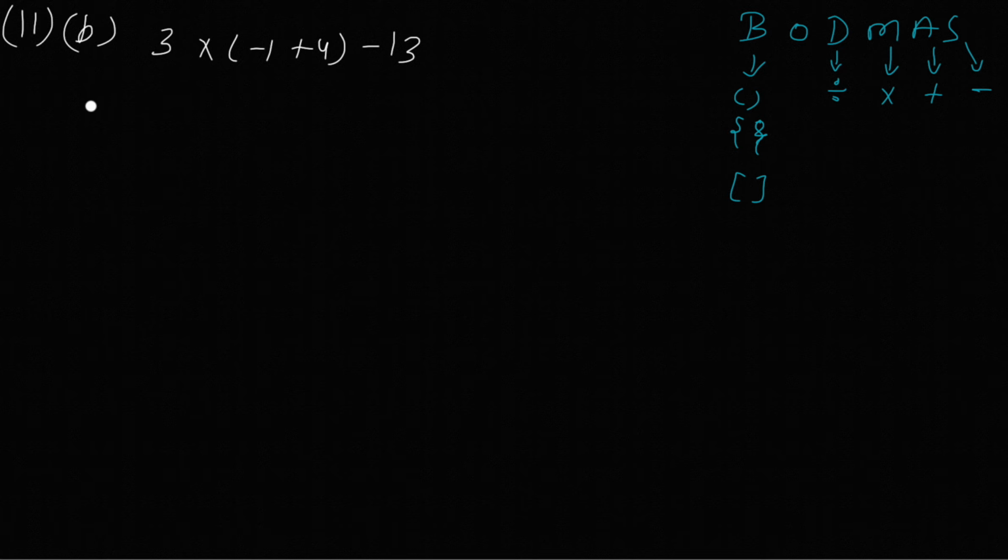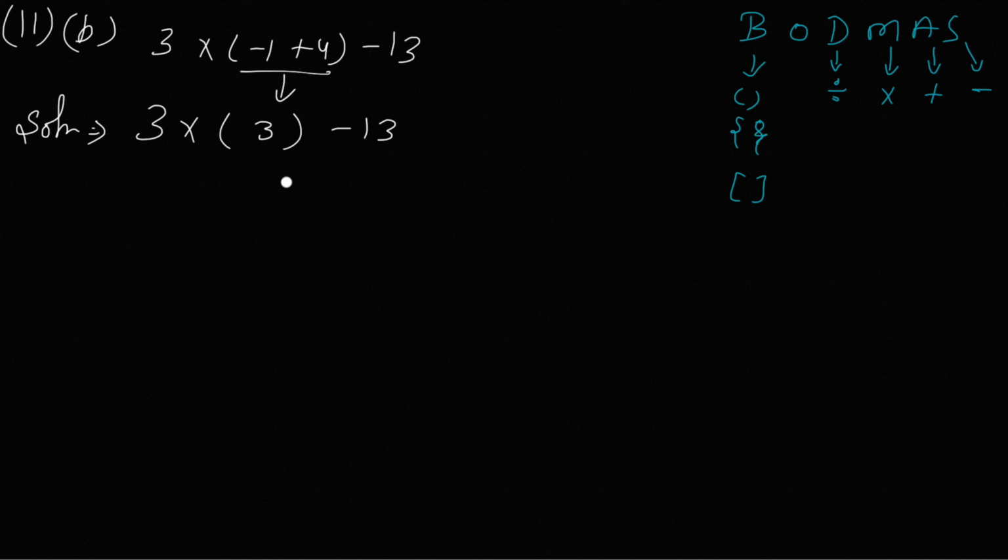Okay, so here our solution is whatever is inside the brackets we will solve first because it's the first priority. So 3 times this will give you 3, minus 13. Okay, so now there is a multiplication and subtraction sign, so checking priority, multiplication comes first, so we'll do multiplication first. That is 3 times 3 is 9 minus 13.